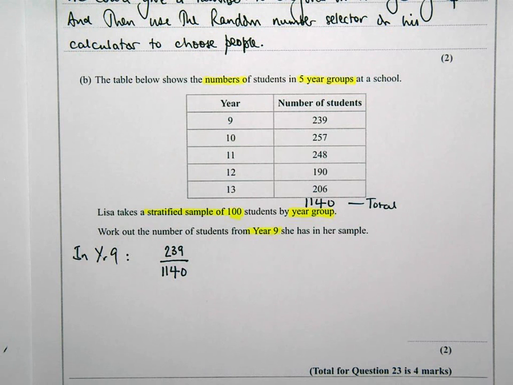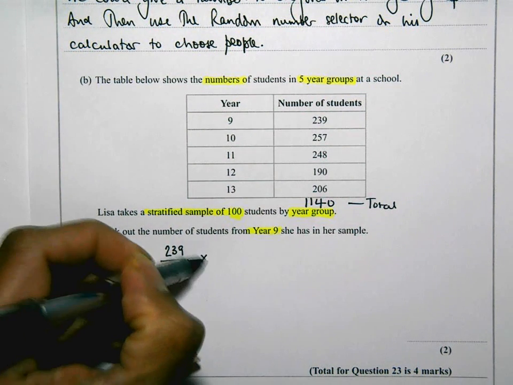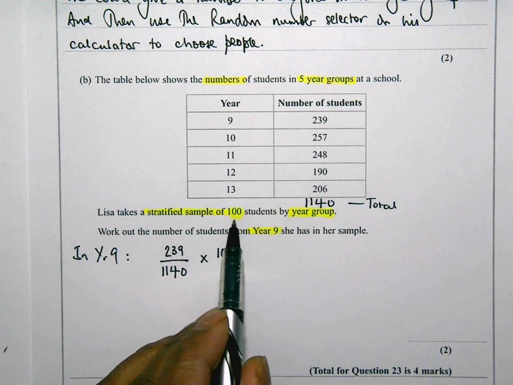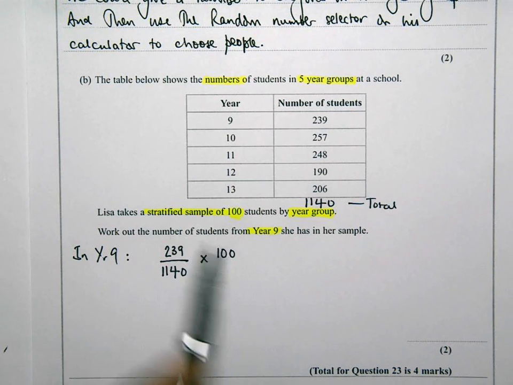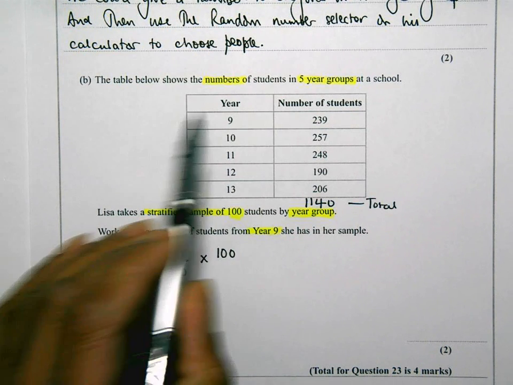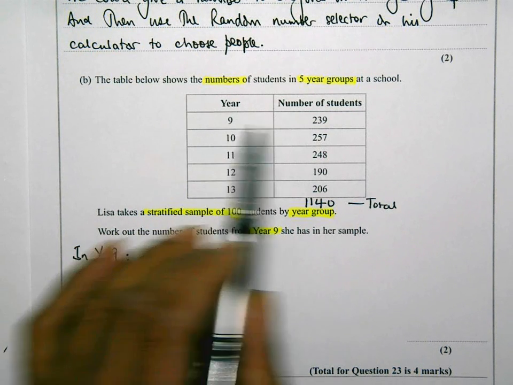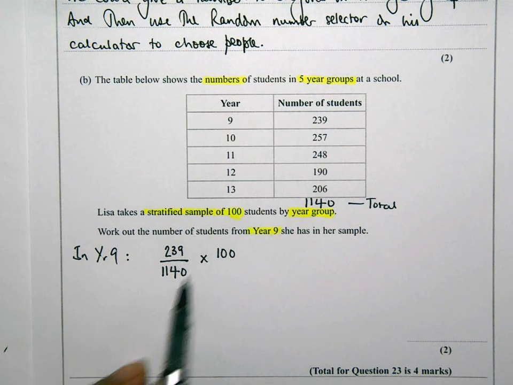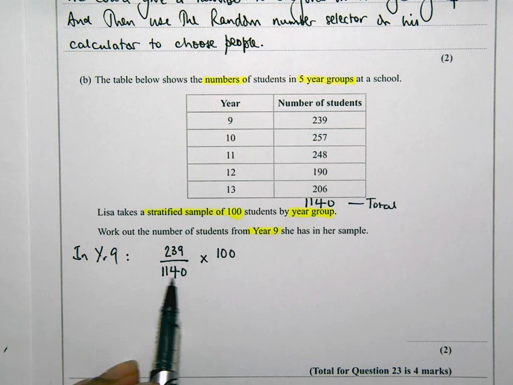I need to find that fraction of the sample that she wants to take, and she wants to take a sample of 100 students. So if she wants the sample to represent the same proportion as the number of year 9s in the school, she needs to find this fraction, 239 over 1140, of 100.